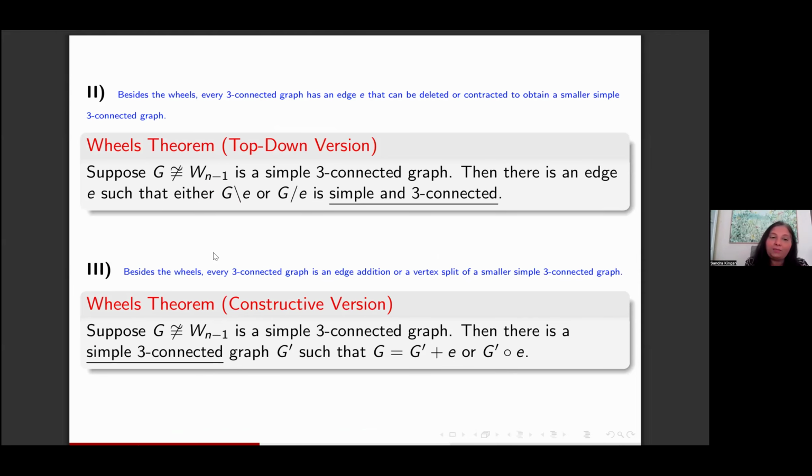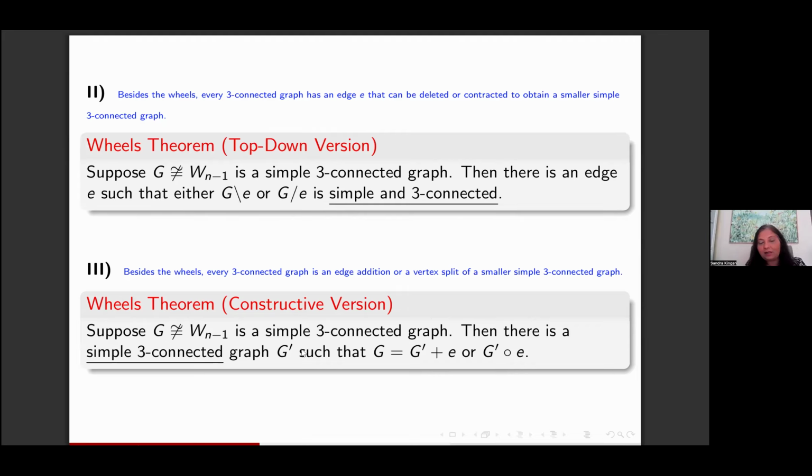So if G is not a wheel, then you can always find an edge E such that either G delete E or G contract E is simple and 3 connected, okay? So every other graph besides a wheel has the property that you can delete an edge and get 3 connected. You won't lose simple. Or when you contract an edge, you'll get simple and 3 connected.